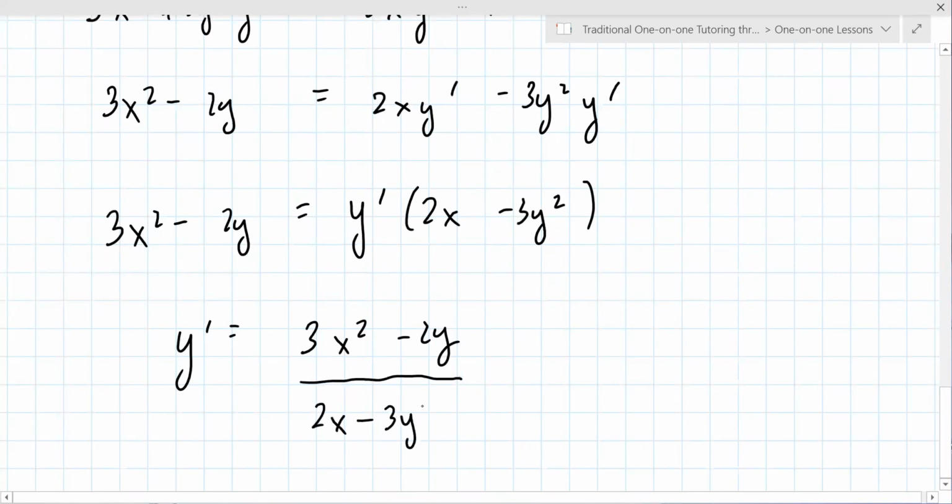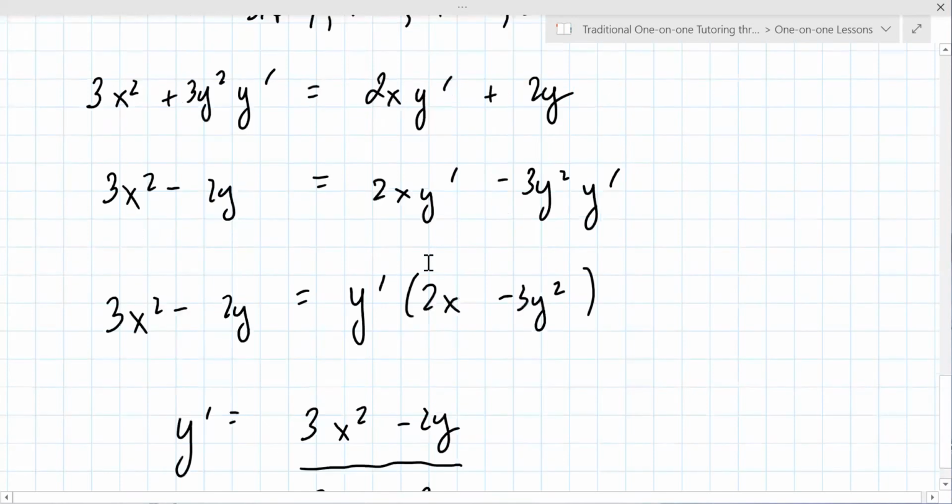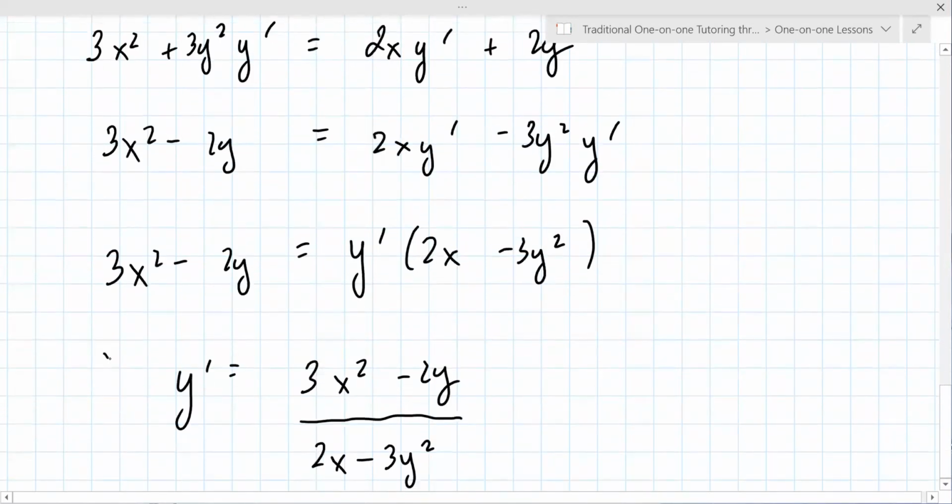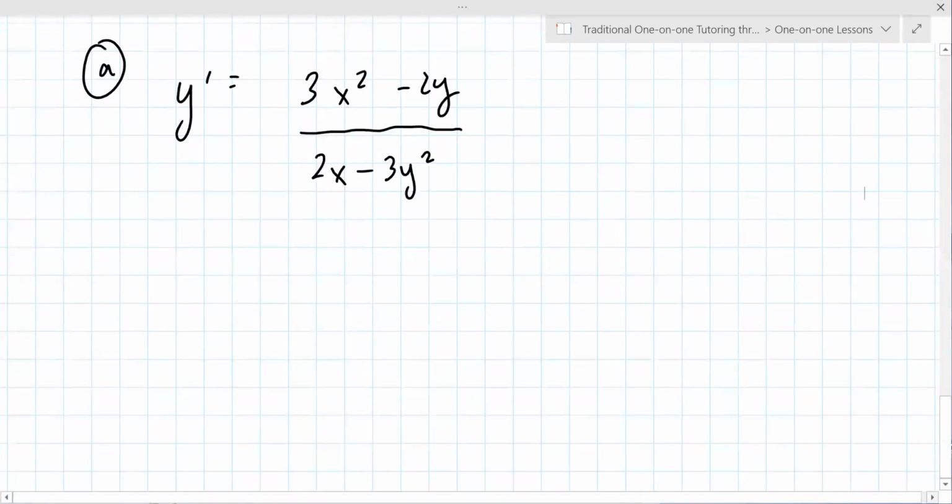And that's it, right? Yep, that's it. That's it for part A. So now part B, let me find a point that's actually on the curve. Looks like (1, 1) is. So for part B, we're going to evaluate it at (1, 1).